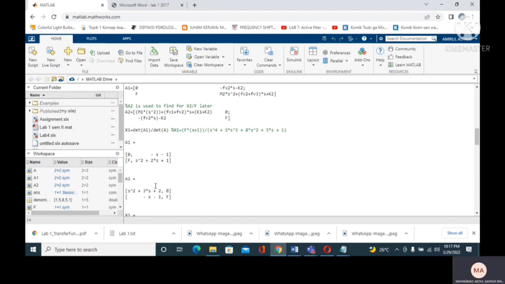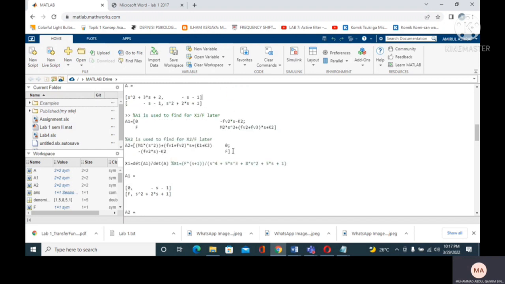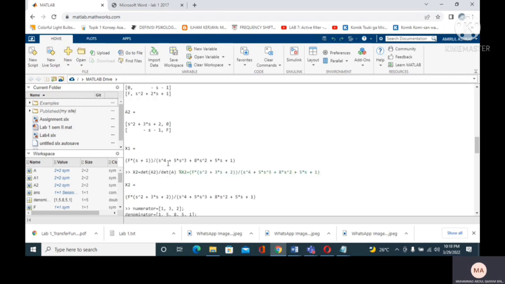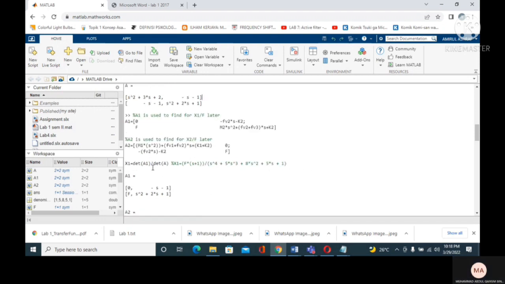Also with A2, the same, just for A2 we replace the second column of the original matrices with the 0f. Then we want to find the determinant. So for s1, it is determinant A1 over determinant A.